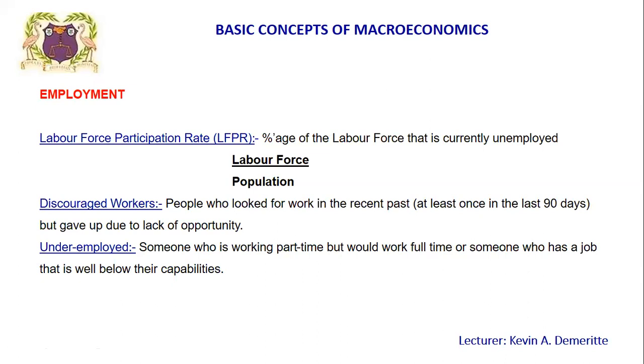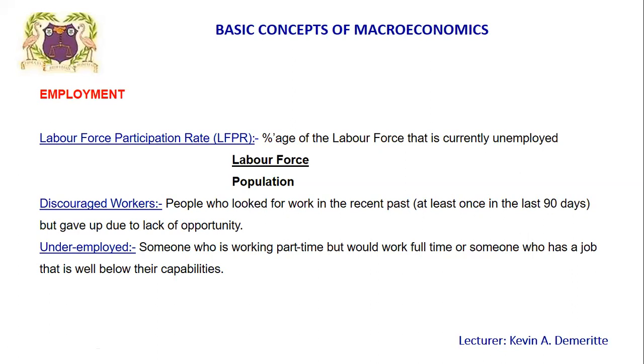Then there's what's called the labor force participation rate. You look at the total number of persons who are employed and unemployed between 18 and 65, and you divide that by the total population. Let's say in the Bahamas, you have a population of 400,000, and between 18 and 65, you have 300,000 people.